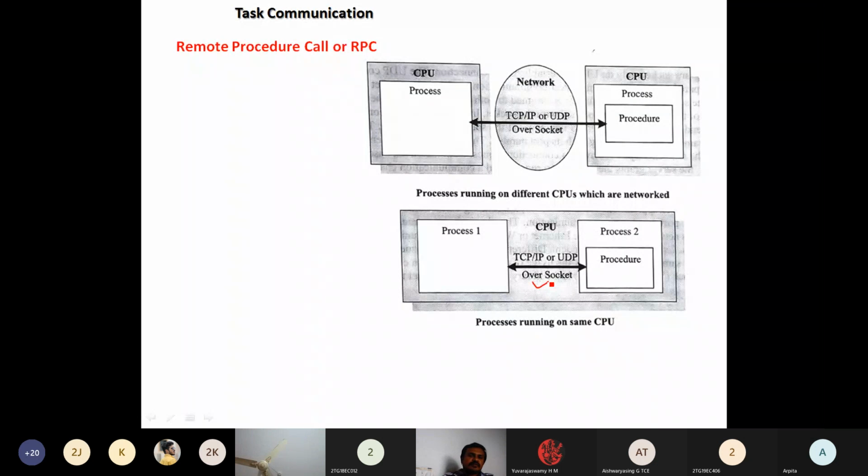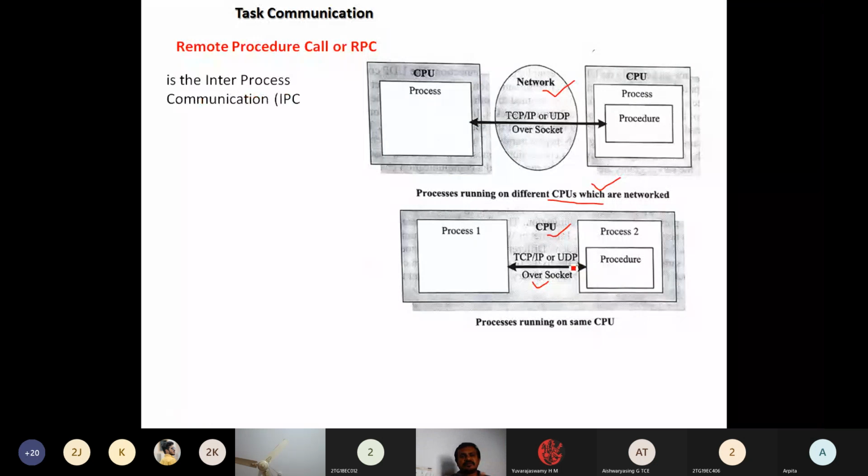Here we observe the diagram illustrating the remote procedure call. The processes kept in the remote area may be within the CPU or between two processors. For remote processors running on different CPUs, they use the network protocols. Within the CPU, they also use the layer protocols.